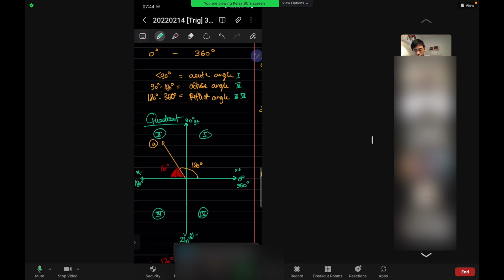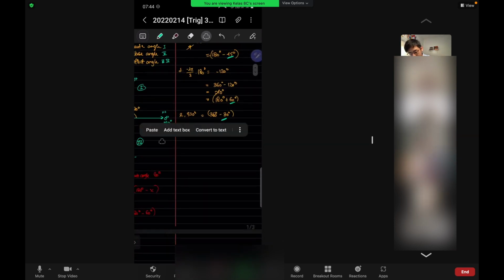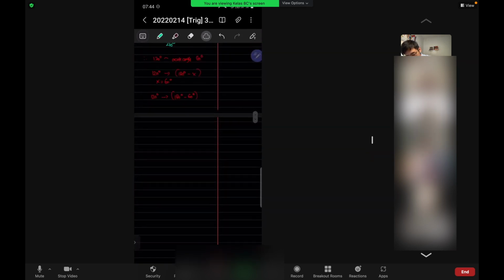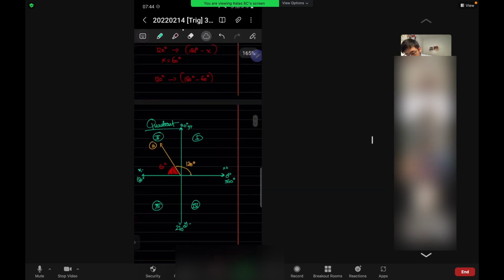Okay, so let me move this first. Okay, now I want you to pay attention to the activity in the book, Explore 5.1.